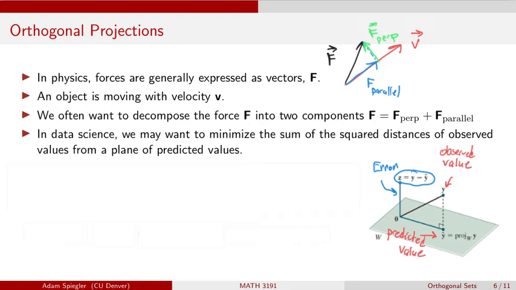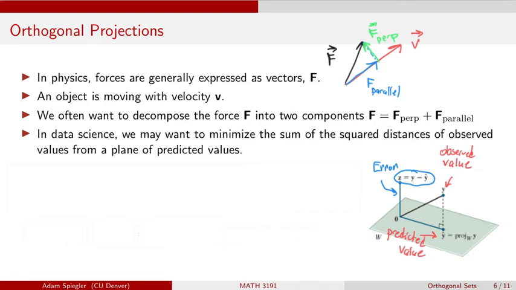And so this has a really nice linear algebra picture in that we can think about the observed value as being a vector, and we can think about the fitted value as being the projection of this vector y onto the direction of y hat. And the error of this prediction, well, that would be the perpendicular component of y to this vector y hat.